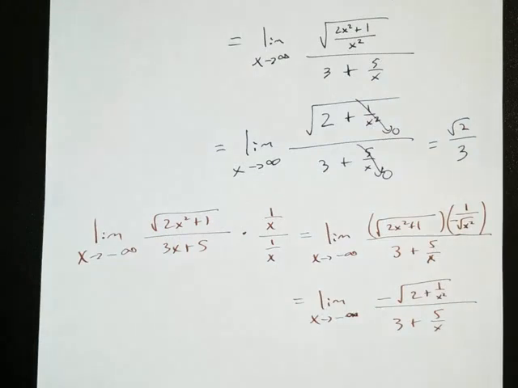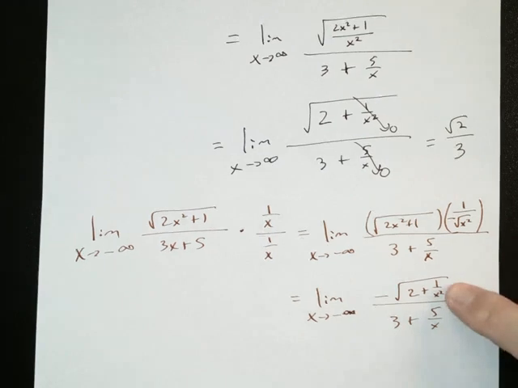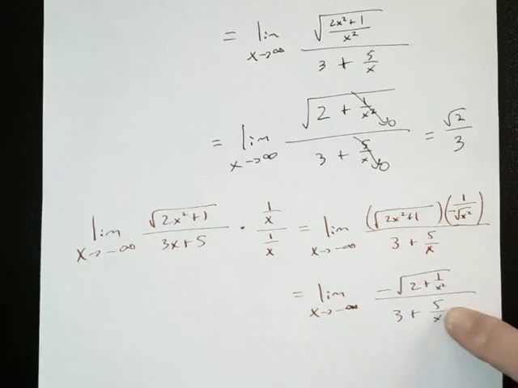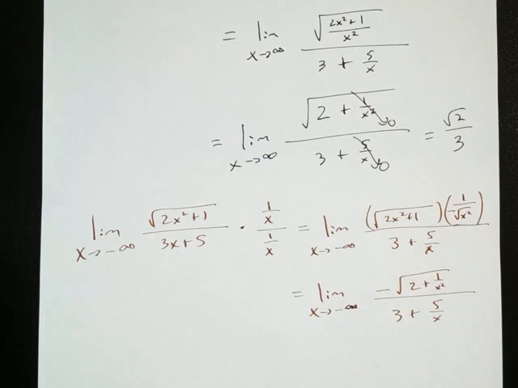What happens as x goes off to minus infinity? 1 over x squared and 5 over x: both 0. 1 over a giant number, 5 over a giant number happens to be negative, but it's really tiny. I don't care if it's negative 0 or positive 0. That's still 0.